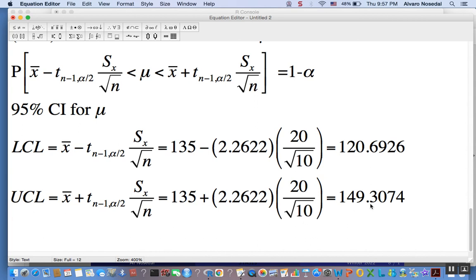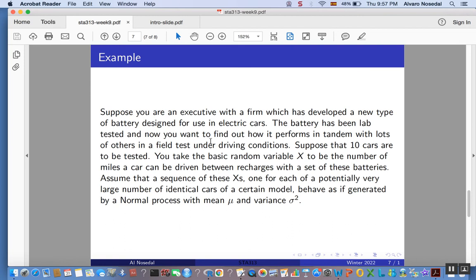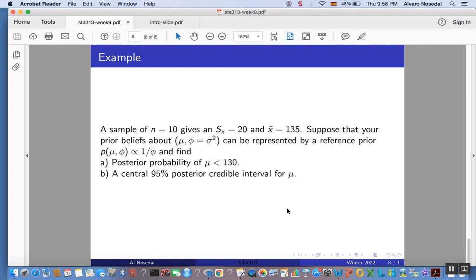Well, let's summarize what we did. We wanted to analyze data coming from a normal process with mean mu and variance sigma squared. Both of these parameters are unknown. So we had to place a prior distribution for both of them.